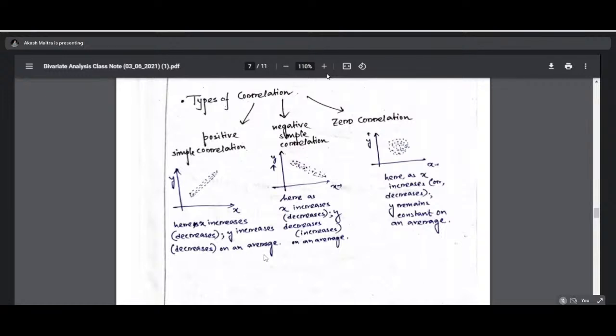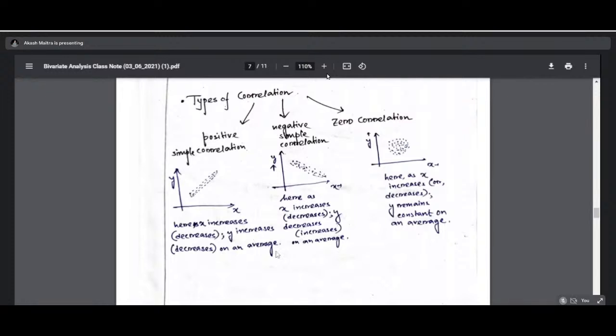On an average means that in general we are getting this: in the points, x is less here and x is more here, but corresponding to that the y value is less. But in general we get a straight line like structure having a positive slope. So here x increases and y increases on an average.